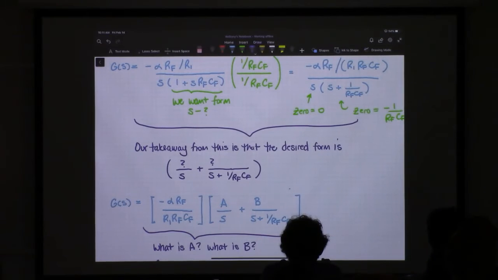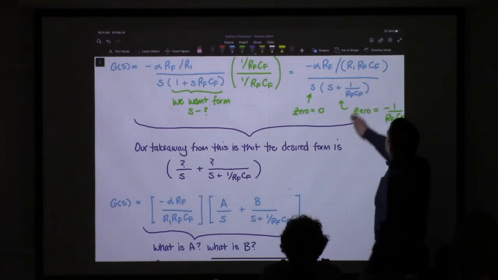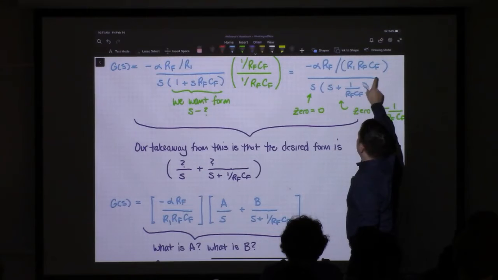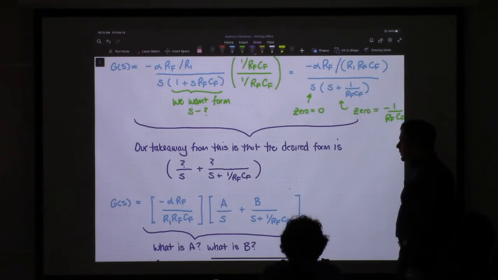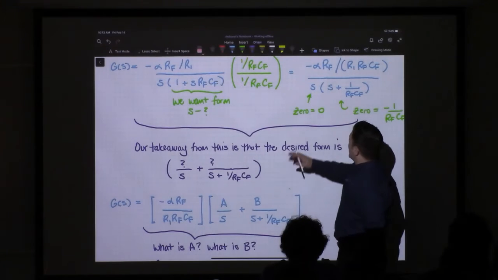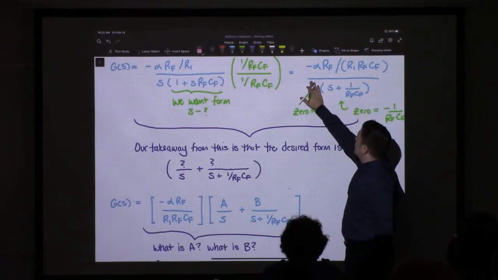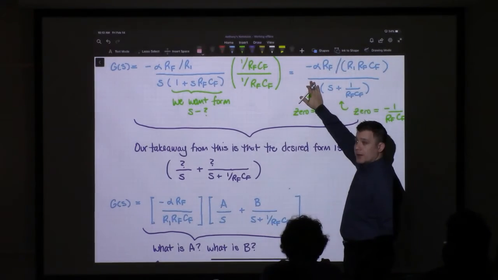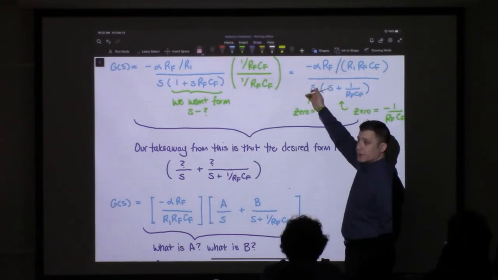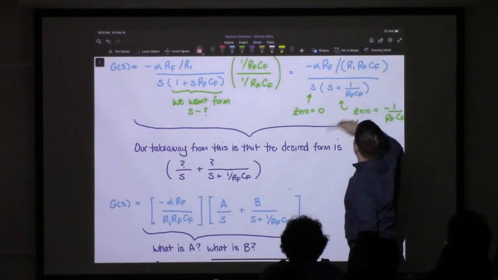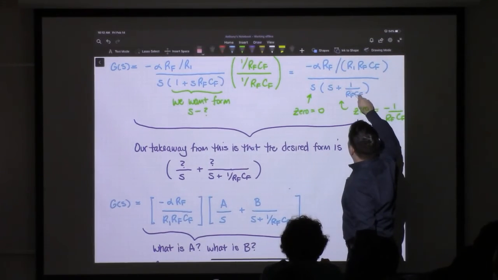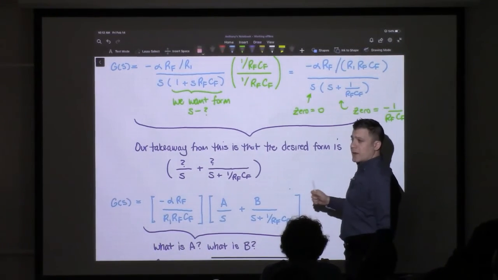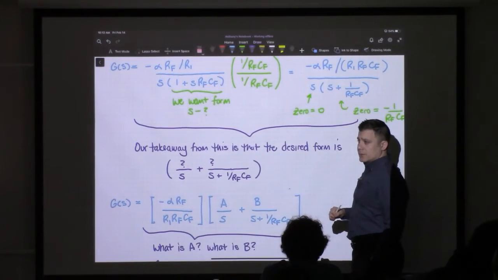So we're trying to apply a partial fraction. We've already pulled out the coefficient. So it's 1 over S times S plus RFCF. So our first 0 is S. So we're going to cover up this part. And then now we're going to plug in the 0, which means we're going to plug in the 0 right there. So it'll give us 1 over RFCF. Right? That's what happens when we apply our shortcut.